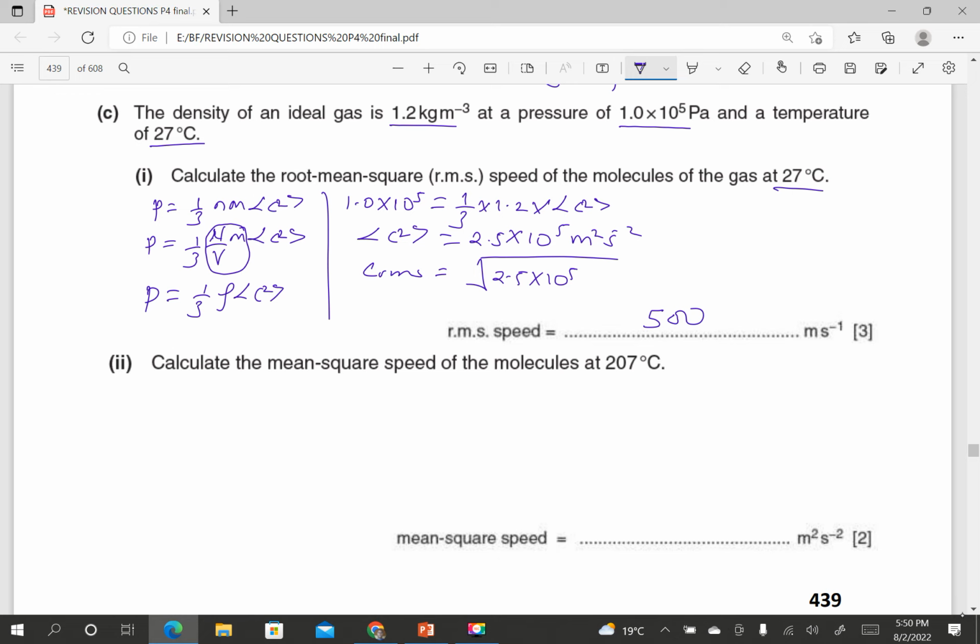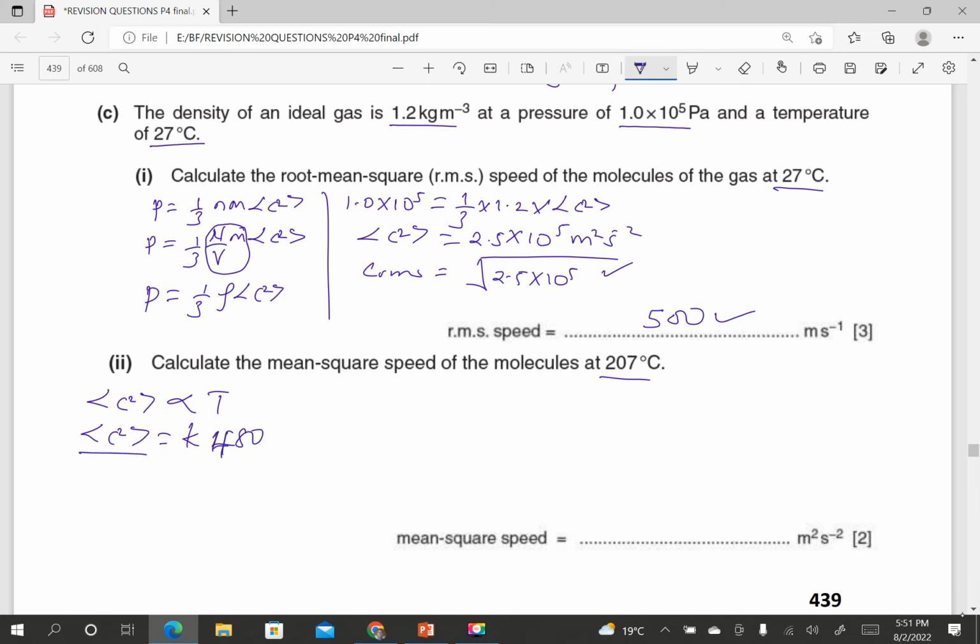Then calculate the mean square speed of the molecules at 207 degrees Celsius. We have already seen that the mean square speed of molecules is directly proportional to the temperature. We have calculated the mean square speed at 27 degrees Celsius, so I'll just introduce a constant. The mean square speed will be equal to a constant times the temperature, which is 207 plus 273. That is 480.